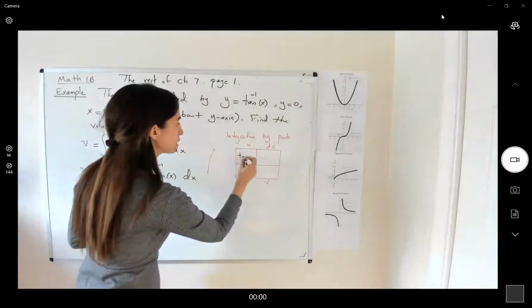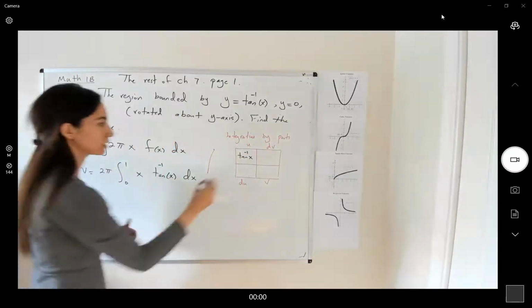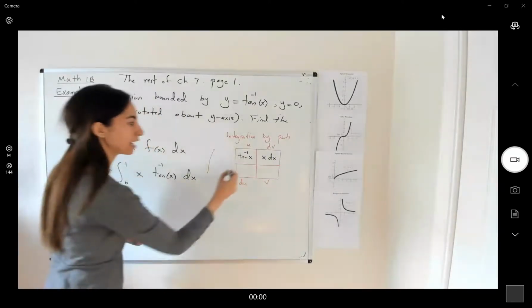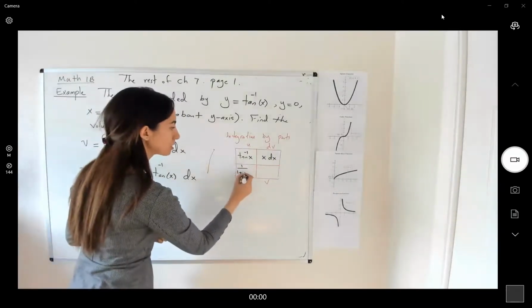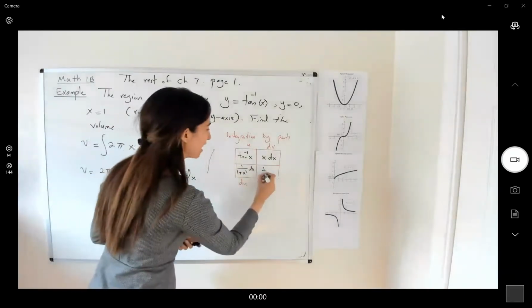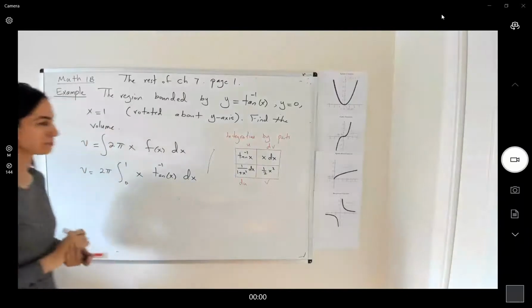So u is inverse tangent of x, and dv is x dx. The derivative of inverse tangent is 1 over 1 plus x squared dx, and the integral of x is a half x squared.